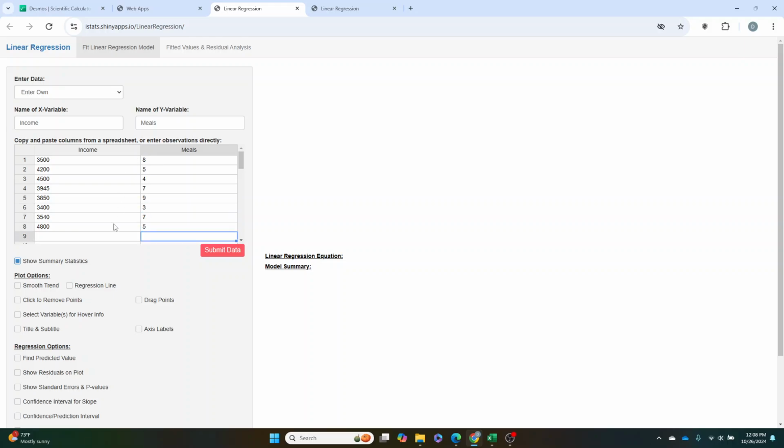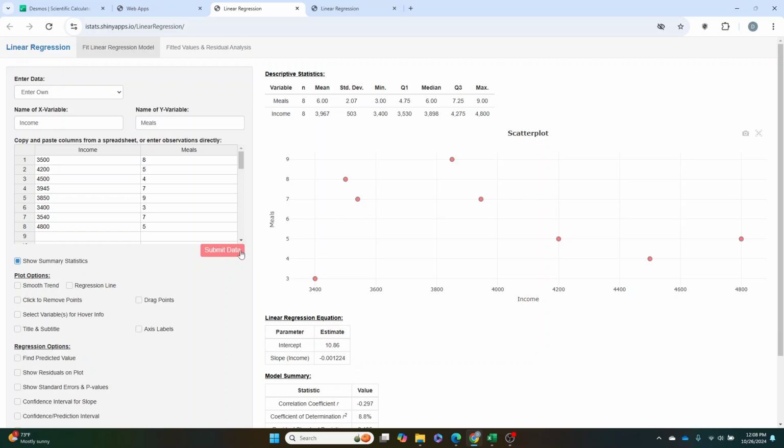Okay. Then I'm going to submit the data. Again, it kind of seems like there's maybe a negative correlation. This time our correlation coefficient is much smaller, right? Much, much smaller.